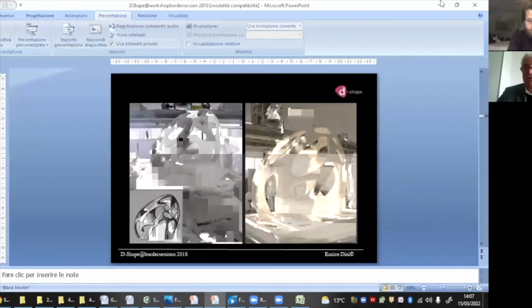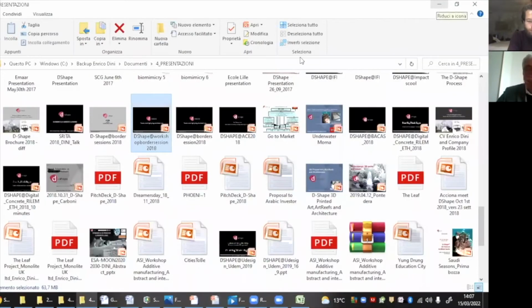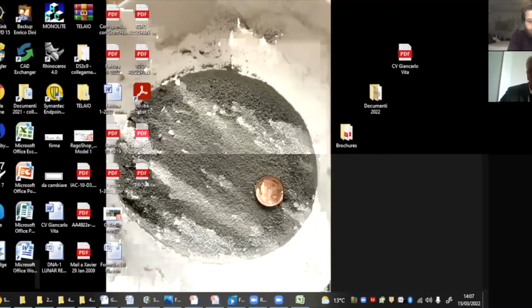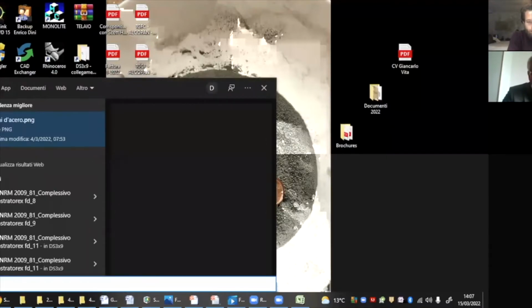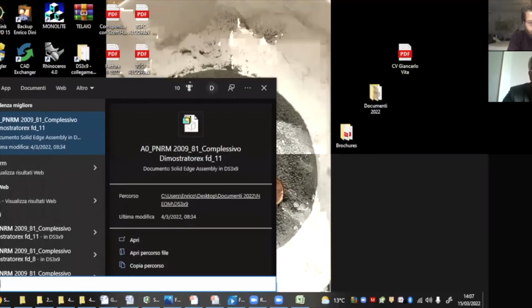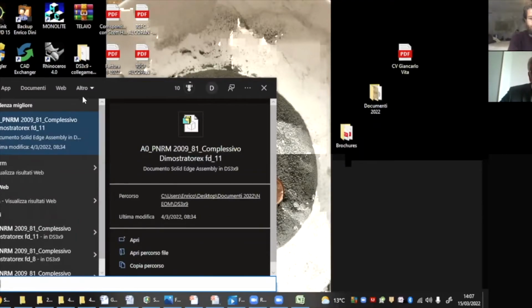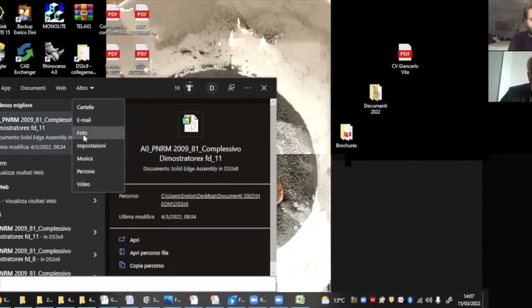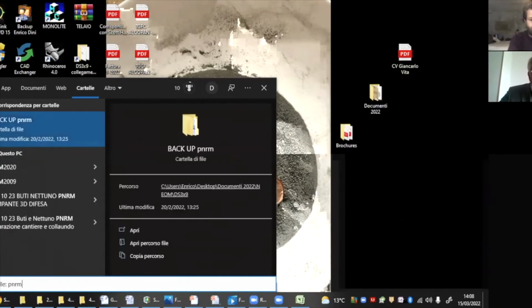This experiment of going on a building site and assembling the printer in a few hours has been done also for a recent project I did for the National Army. If I go to the National Plan of Military Research, when we printed a bunker, let me search.